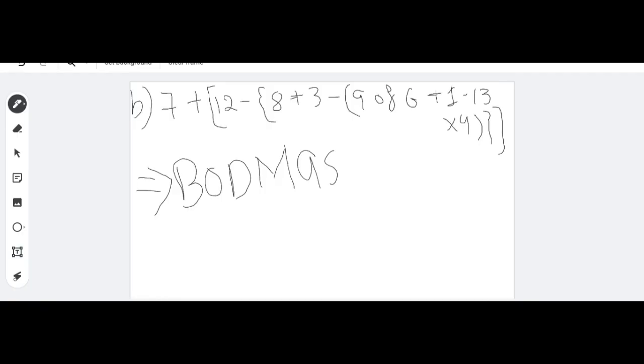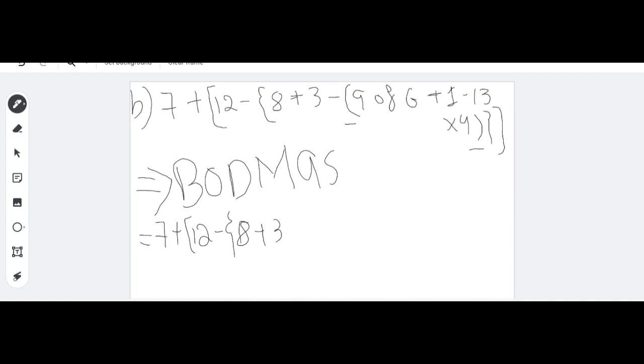So first bracket is this small bracket here. So I have to solve this small bracket, and inside the small bracket I have to follow the ODMAS rule. Okay. So let me write here 7 plus 12 minus curly bracket 8 plus 3.